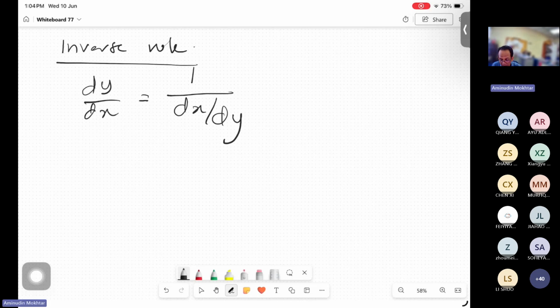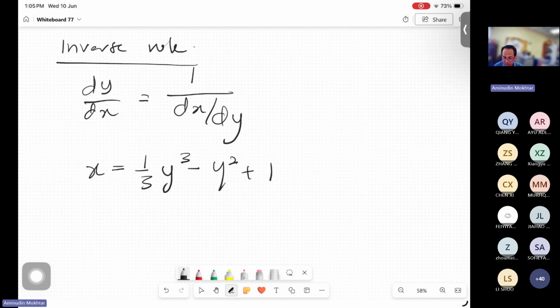If you refer to the example on page 7, let's say I have this function: x equals 1 over 3y to the power of 3 minus y to the power of 2 plus 1.